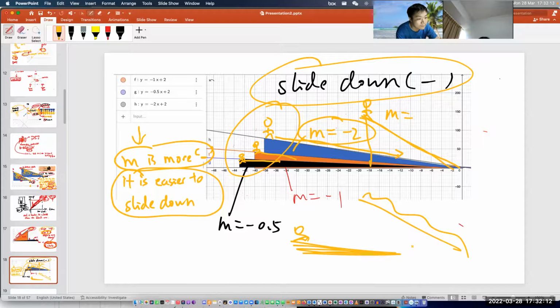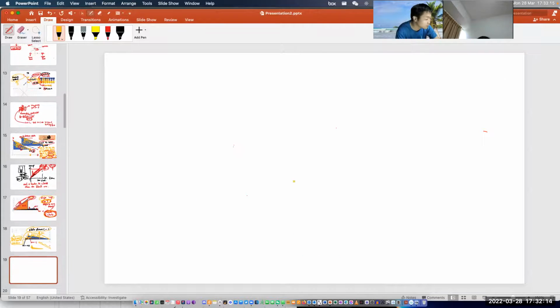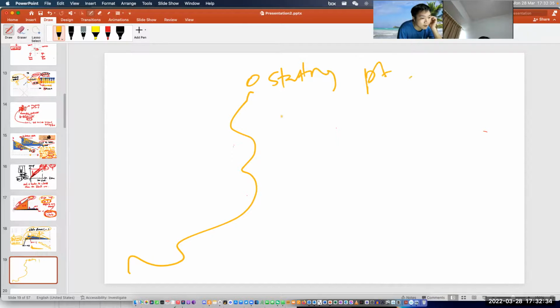If you go to some of the swimming complexes, I don't know whether you still have the swimming complex at Jurong Lakeside or not. They have some slides. So this is the starting point, and then the slide is something like this, and then this is the swimming pool.